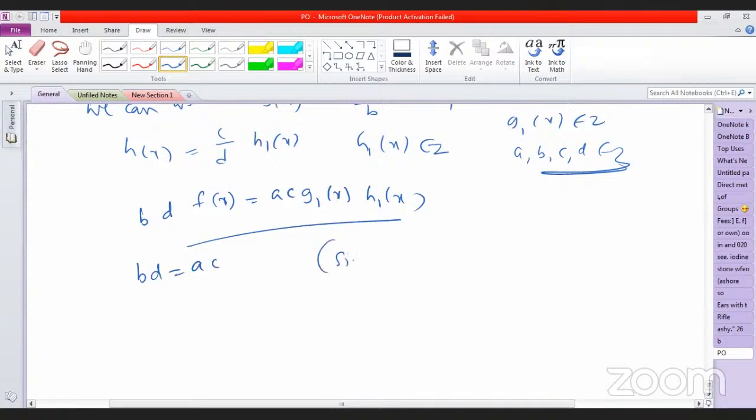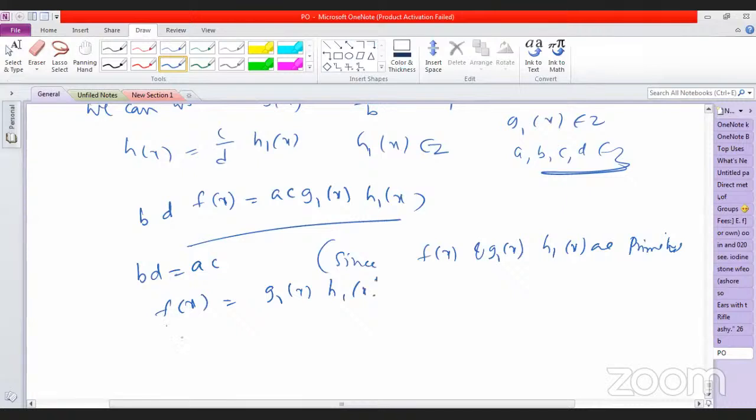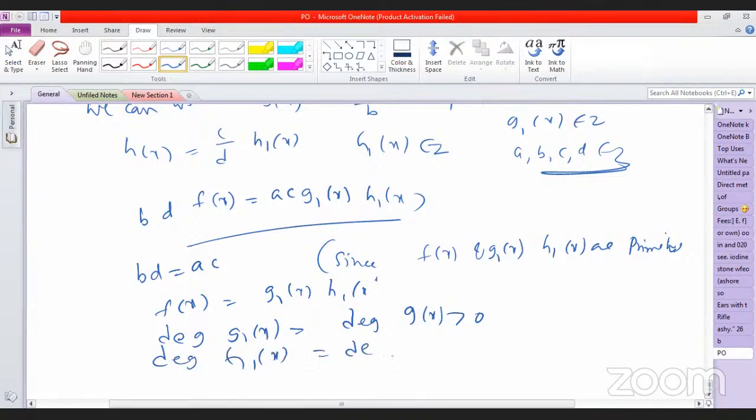Therefore, since f of x, g1 of x and h1 of x are primitive, f of x is equal to g1 of x into h1 of x, and the degree of g1 of x is equal to the degree of g of x, greater than 0, and the degree of h1 of x is equal to the degree of h of x, greater than 0.